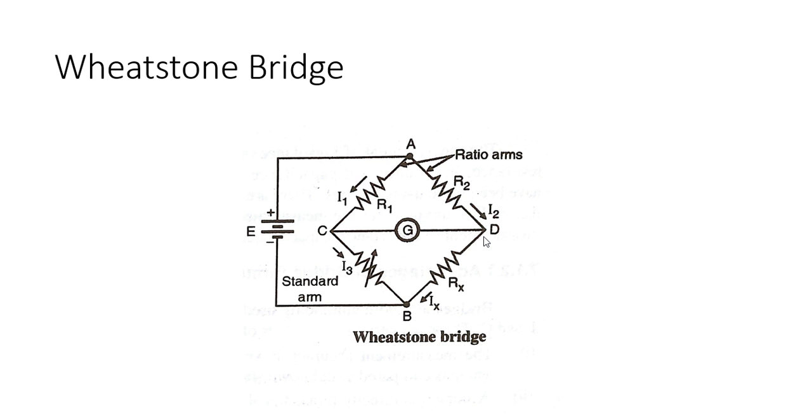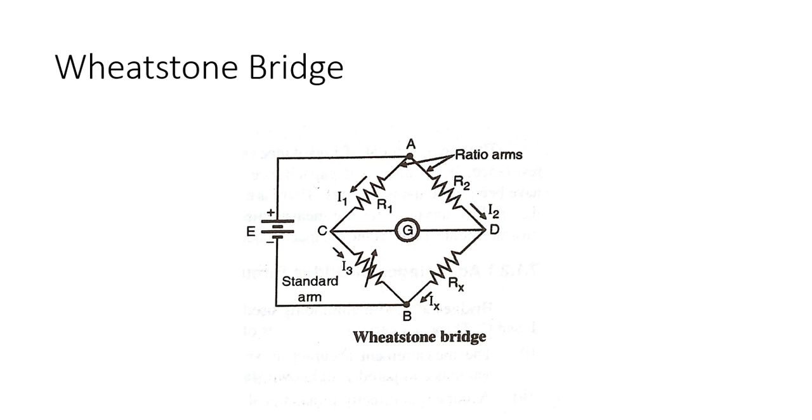Because when there is a potential difference between 2 points, only then does current flow through that wire. If C and D are at the same potential, then there will not be any potential difference, so there will not be any flow of current. This is the very basic thing which you have studied in first year electronics.